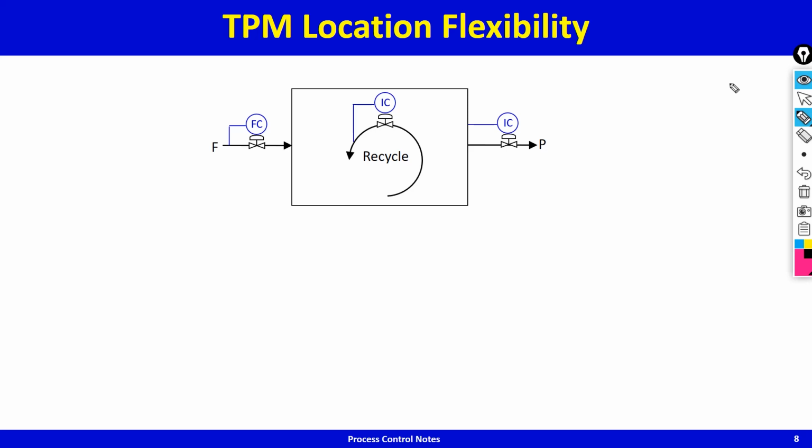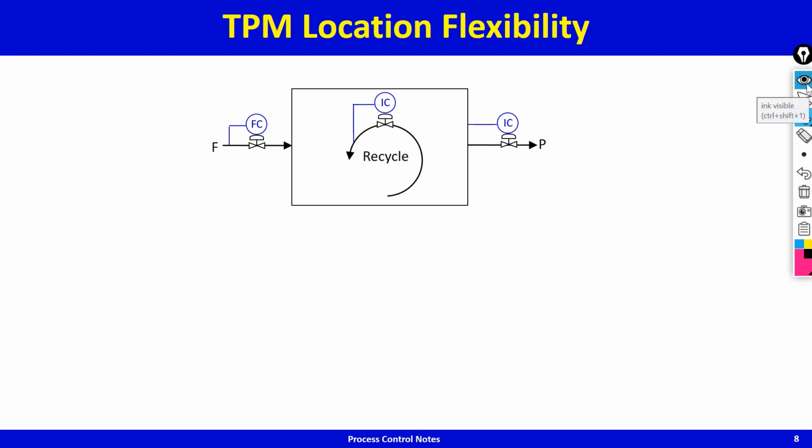So now you're fixing the fresh feed rate. The fresh feed rate is fixed, and because you've got the level controllers in the recycle loop that are setting the recycle, so fresh feed is fixed.